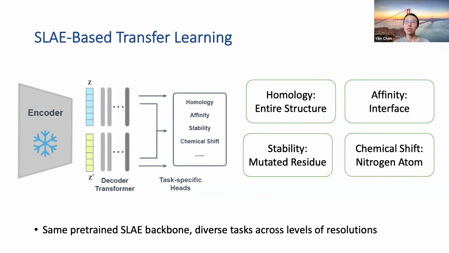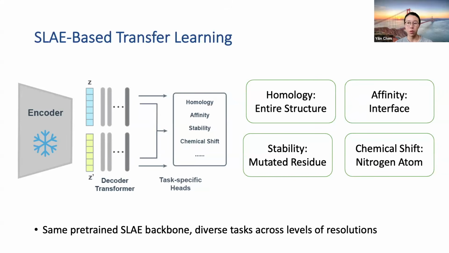So the point is that the SLAE learned representation and this pre-trained weight actually transfer very well across all these different tasks. I want to emphasize that they're at different levels of resolution. We have homology, which is fold classification, that measures the entire structure, so that's on an average pooled structure-level embedding.